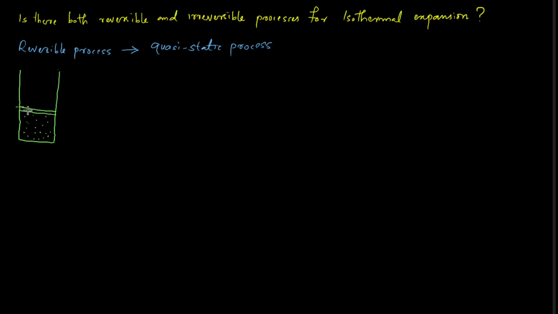If it has to be in equilibrium, there is one more thing required, otherwise it will not be in equilibrium, because this gas will be in continuous motion, and it will bombard the walls of the container as well as the piston.